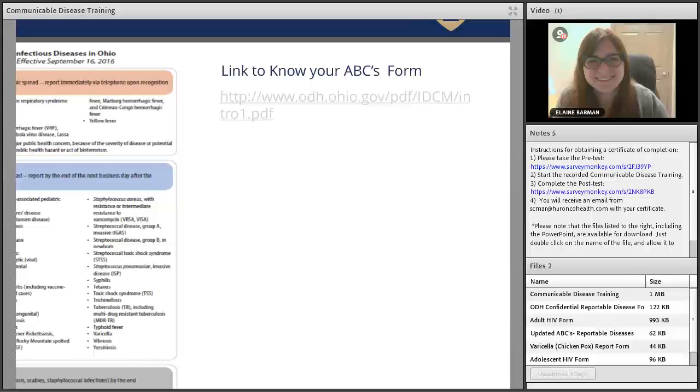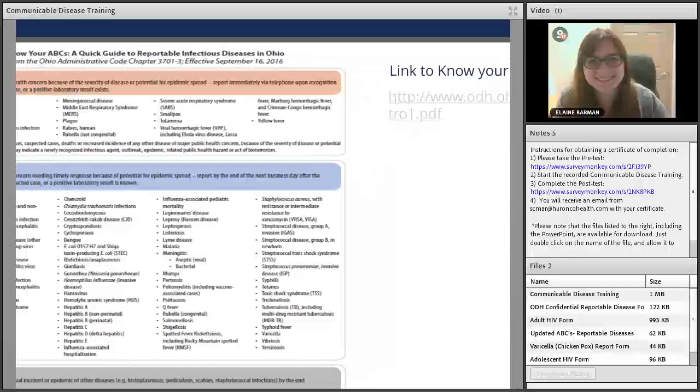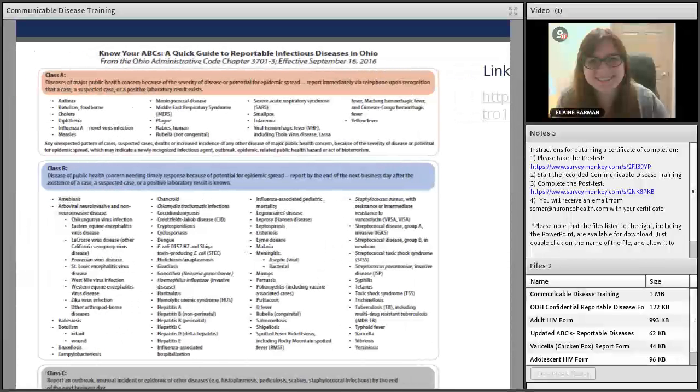So this link is going to take you to the most updated communicable diseases that are reportable in Ohio. So if you're taking this training and it's well after October 2016, you can always go to that link and get the most updated ABCs form. That'll have the list of all of them for you. So if it has been a while since this training's been made, you want to make sure you have the updated one, you can go to that link as well.